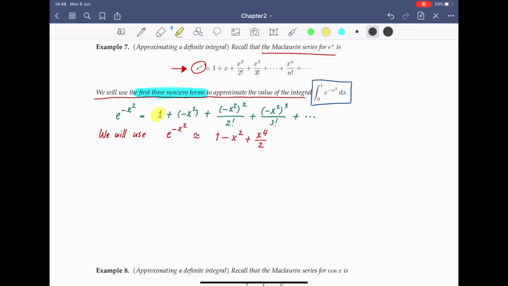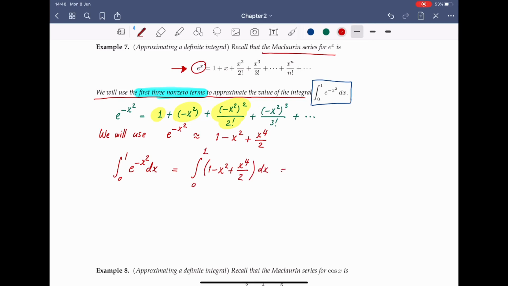Here is the first term, here is the second term, and here is the third term. So we just pick up the first 3 terms, and now we integrate from 0 to 1 of e to the negative x squared dx, which is the integral of 1 minus x squared plus x to the 4th power over 2 dx from 0 to 1, right?